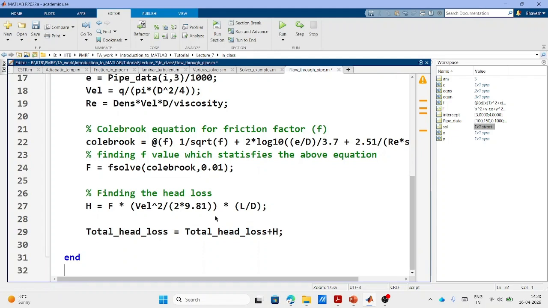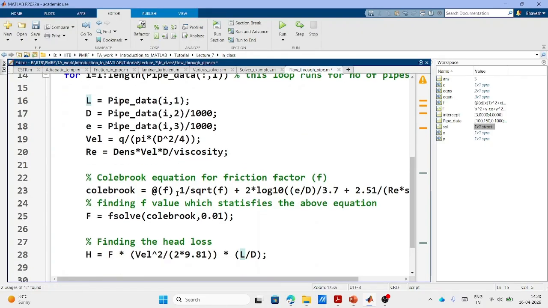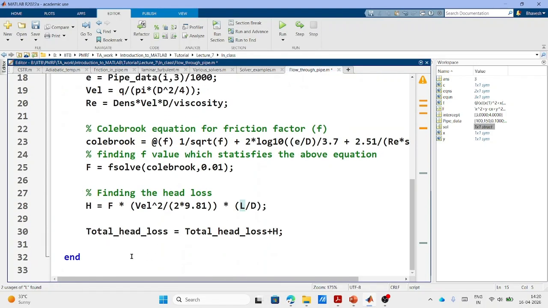Once this loop ends, you will have crossed all three pipes, updated their data, and computed the head loss through them.